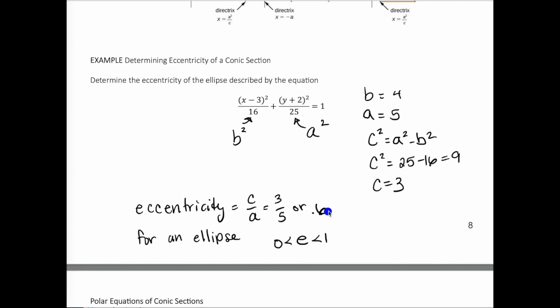Now, as this number gets smaller and closer to 0, the shape of the ellipse is going to close in and get more round, like a circle, and as you get closer to 1, it's going to become more elongated. So for finding the eccentricity of a hyperbola or an ellipse, you want to use C over A.